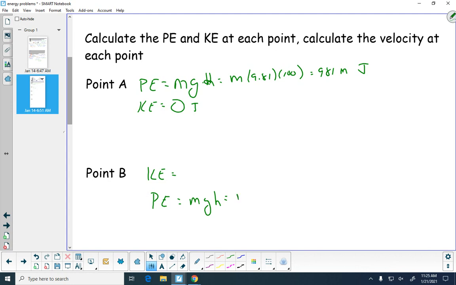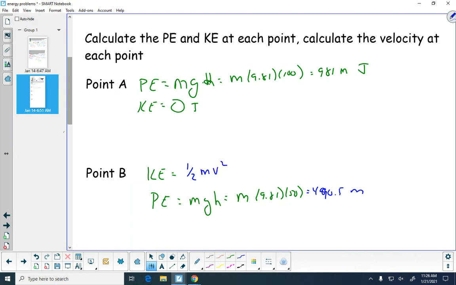So we have M times 9.81 times 50, which is 490.5 times M. Now the kinetic energy at that point is going to be 1/2 mv squared.